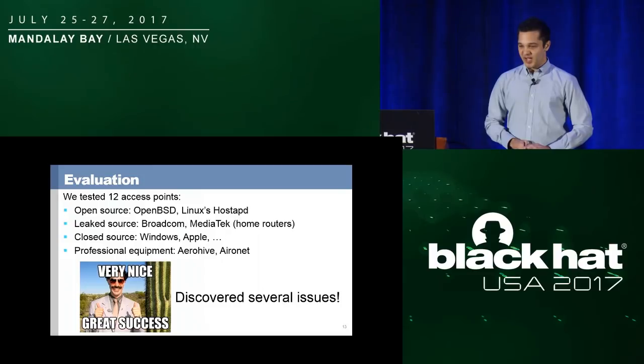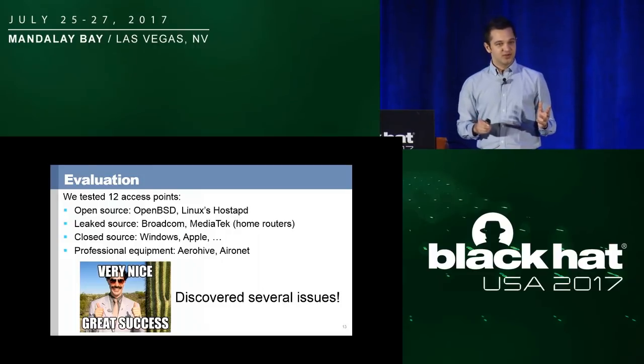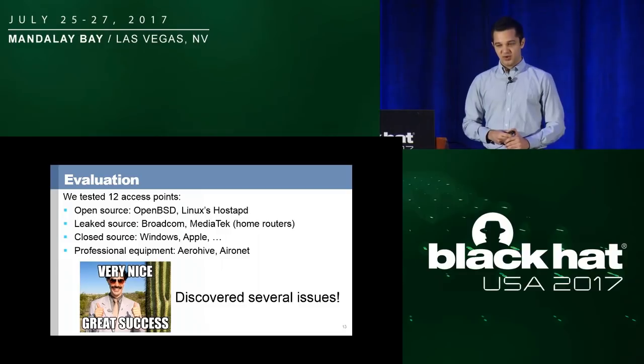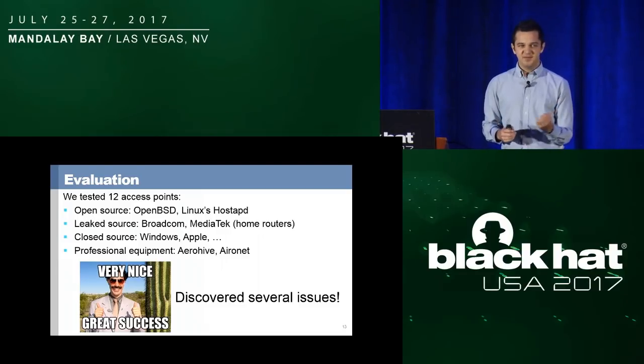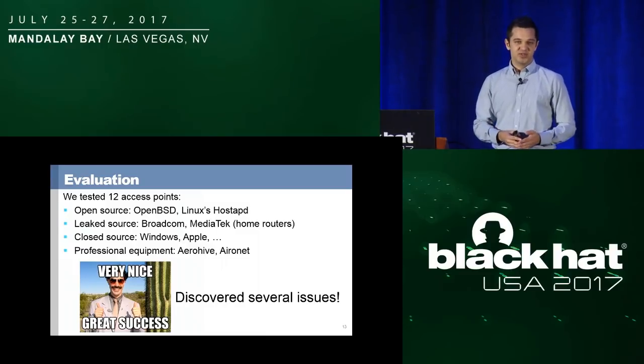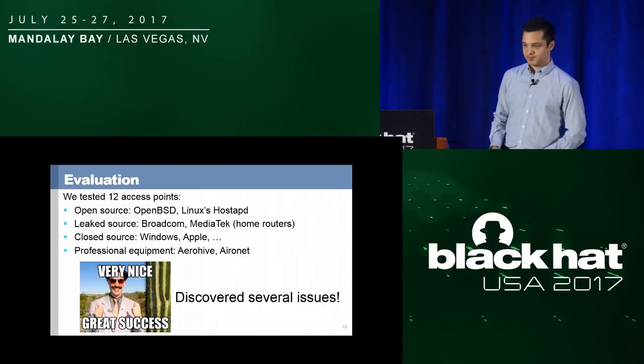And I'm going to briefly discuss some of the more interesting issues we found, and these issues are also the exploitable ones. So generally in every access point we found some small deviations from the standard, but some of these deviations were just very benign, and you can't even consider them really bugs, but they were deviations, but yet some were bugs but not exploitable. But we're going to focus on the most interesting ones.